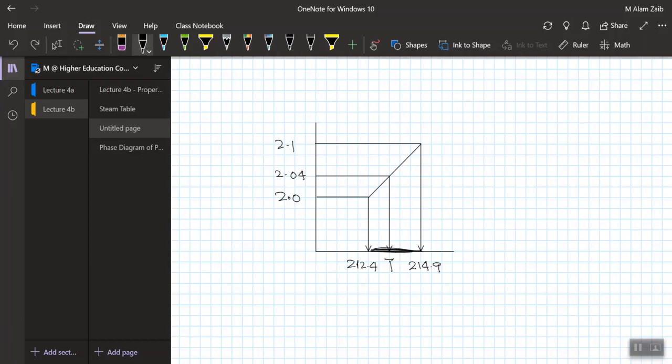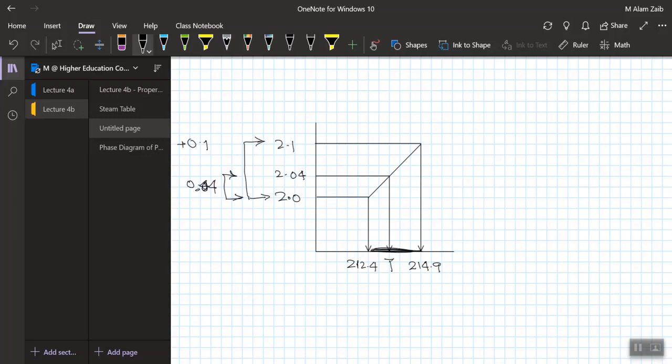If I imagine the difference between these two values, that is equal to 0.1. The difference between this value and this value is 0.04, sorry for that.